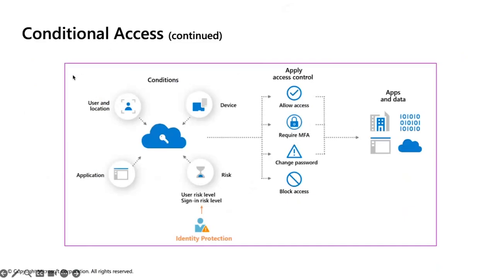Conditional access basically depends on what signals we collect. When we configure a policy, we configure which signals I want to target, like user allocation, devices, applications, and risks. For example, if the user is high risk or the sign-in is a risky activity, based on that we can create a policy. You can allow or block access, enforce the user to change the password, or require MFA to be verified first, and only then will applications and data be provided.